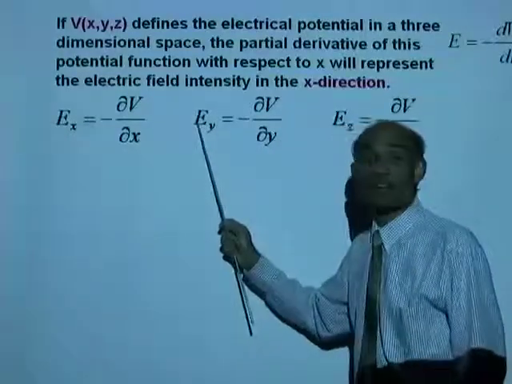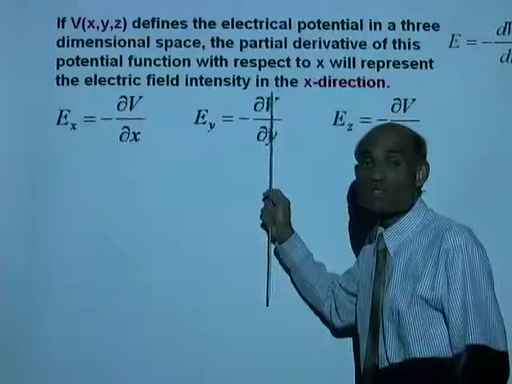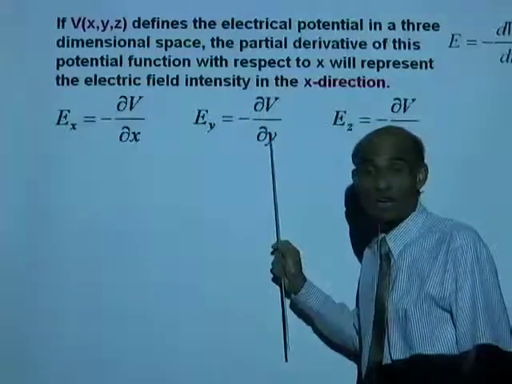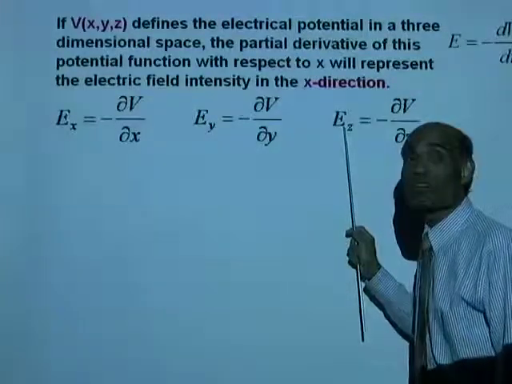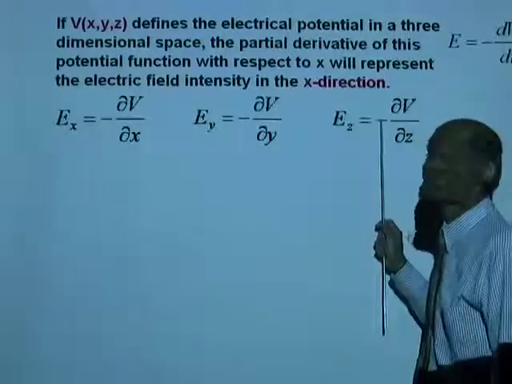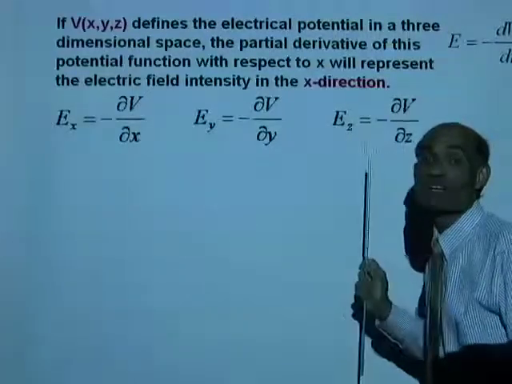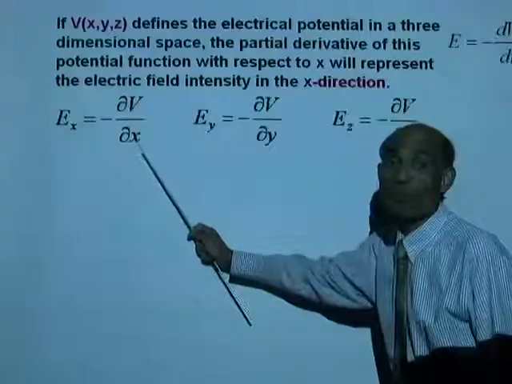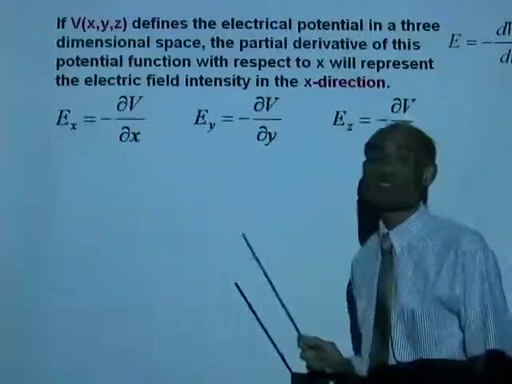The electric field in the y direction is the negative of the derivative of the potential function in the y direction. And the electric field in the z direction is the negative of the derivative of the potential function in the z direction. They are called the partial derivatives in the x, y, and z direction.